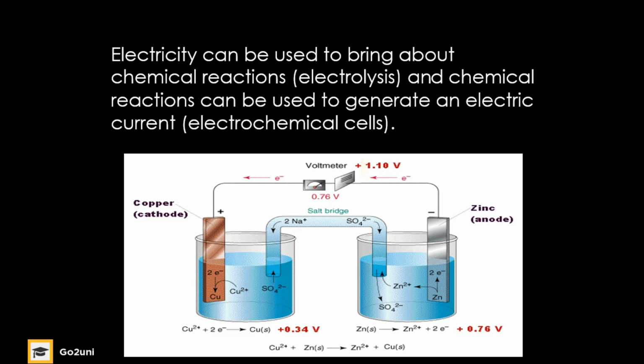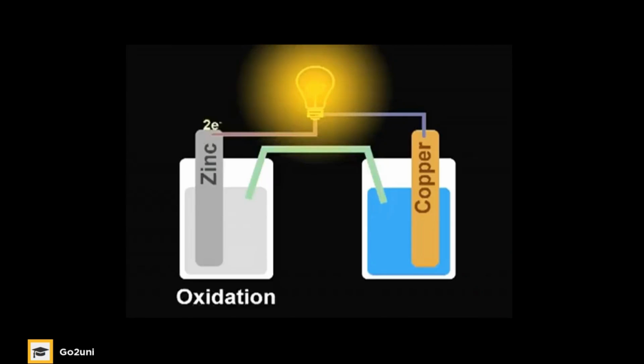Let us get to see how electrochemical cells can generate electricity. It does so by what we refer to as a redox reaction, or simply oxidation reduction reaction. So as we can see displayed on the screen, this is an example of an oxidation reduction reaction.